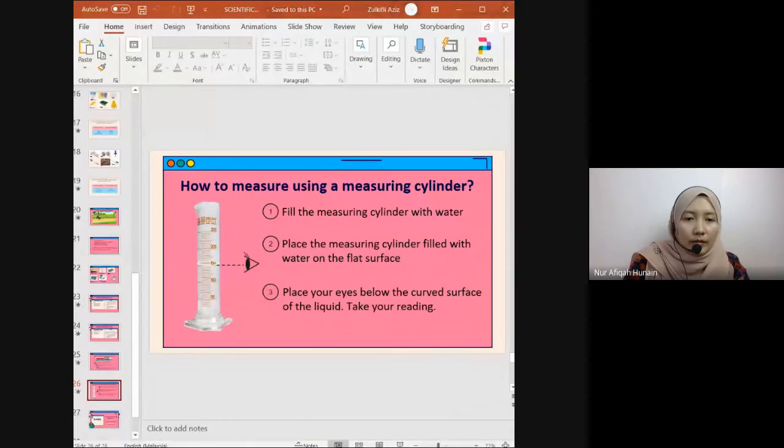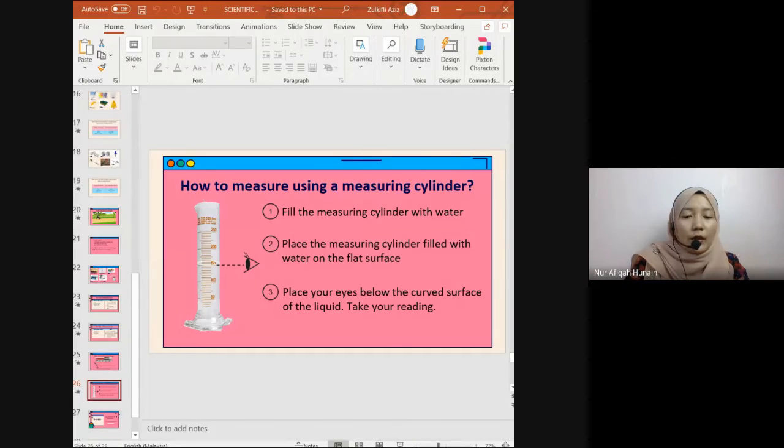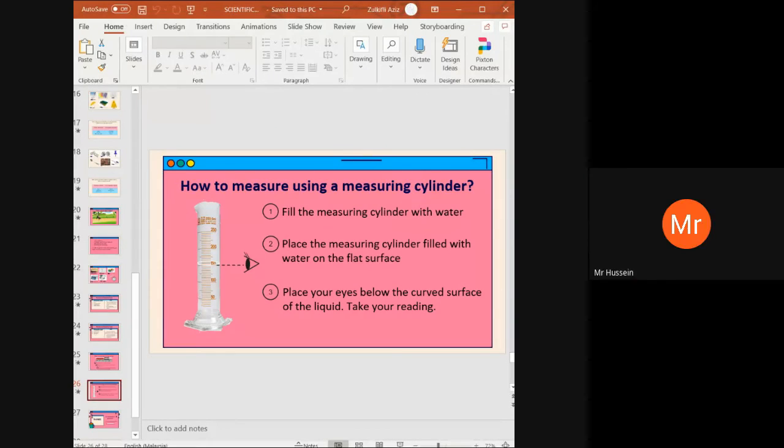Ismahanis, yes? I don't have the link to go to the chat box because just now there was a glitch on the computer. Okay, it's okay. If you don't know how to go to your chat box, I will share my screen, you just look from the screen. Okay, Husna Farisa, yes?